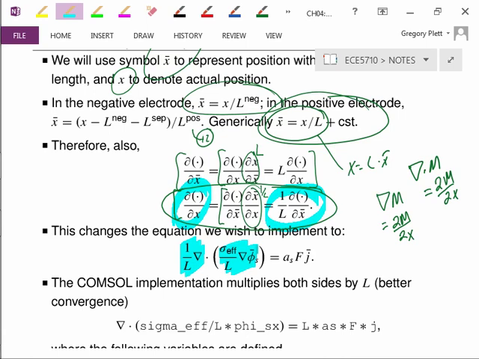In principle, this is something I could enter into COMSOL and everything would work. However, COMSOL is trying to approximate basically 5 different equations: the Butler-Volmer and the phi s and the phi e and the CS and CE equations, all at every point in space, every point in time, trying to get the best approximation to those using its numeric methods.